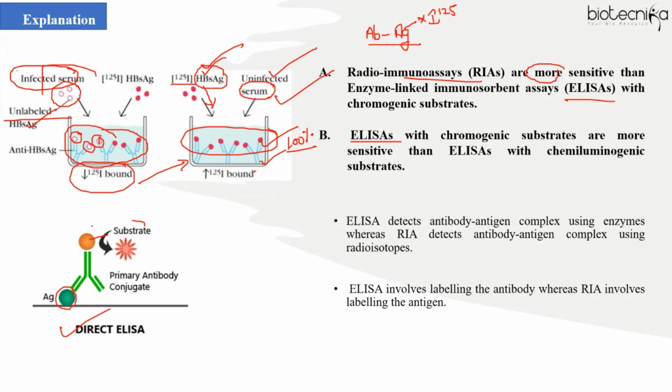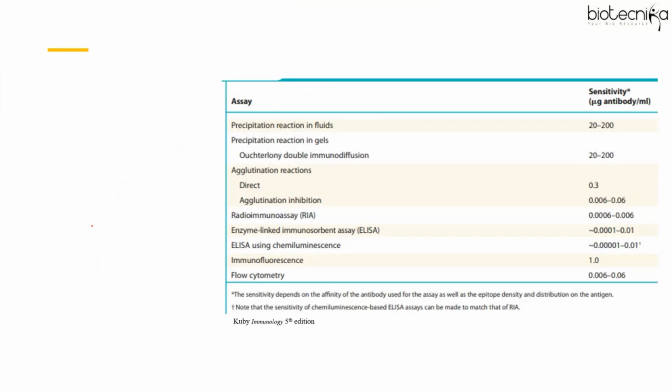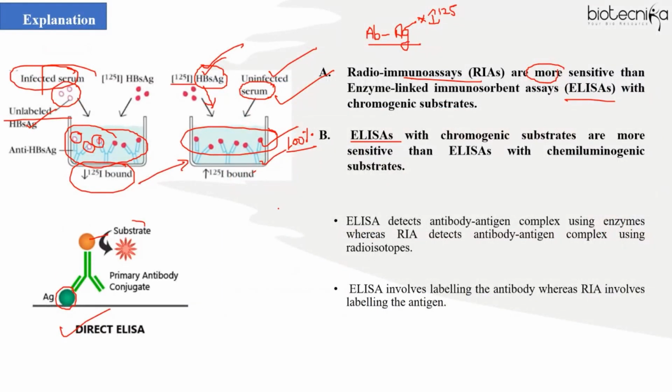So if in the statements it is mentioned whether radioimmunoassay or ELISA is more sensitive, always remember, when we talk about sensitivity, ELISA detects the antigen antibody complex, but here we use enzyme.